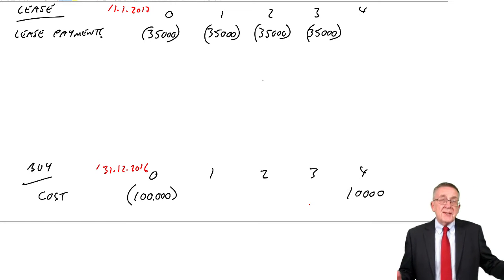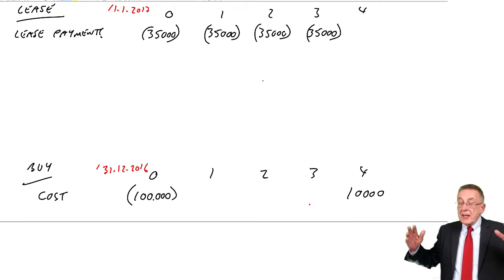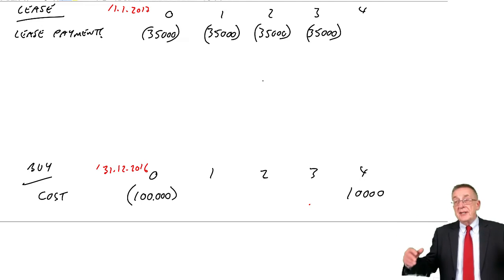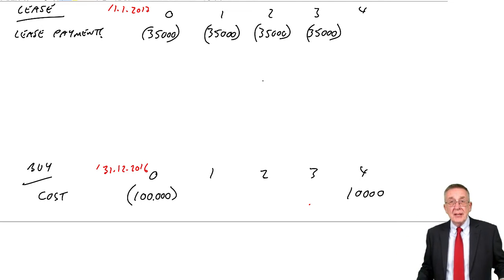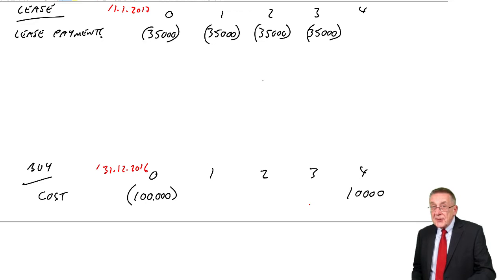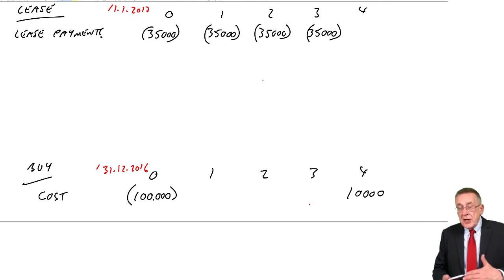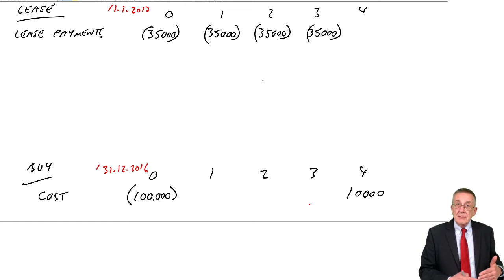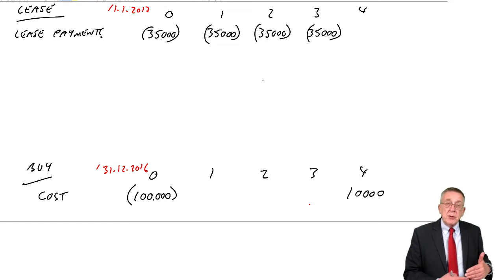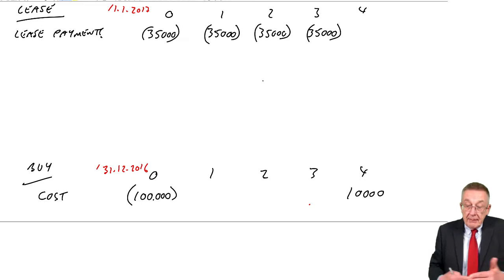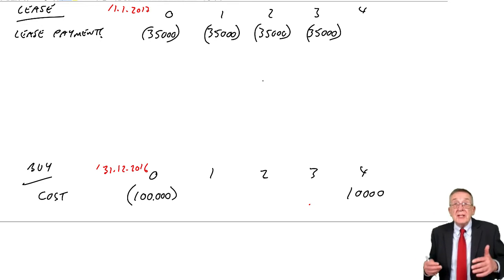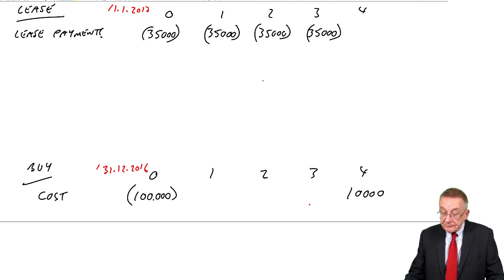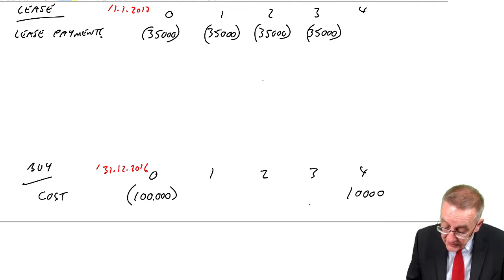Now we assume always, as I said in an earlier chapter, we assume the company's already making lots of profits and paying lots of tax. If we lease, we've got this extra expense which will reduce our existing profits. And if our existing profits go down, we'll be paying less tax. We'll save tax. And so, there'll be a tax saving on those payments.